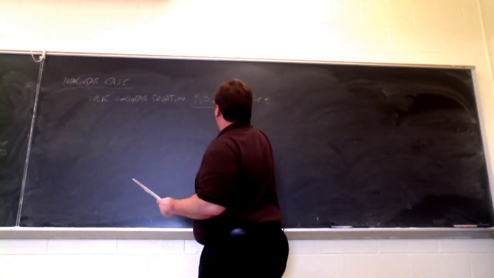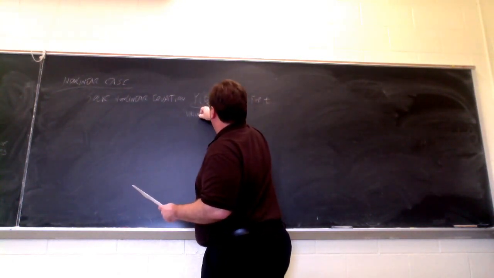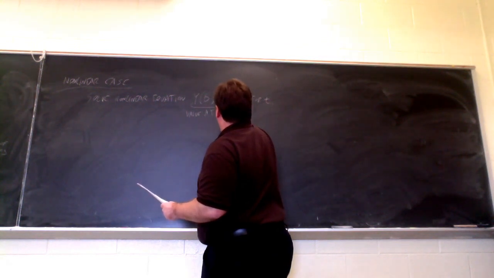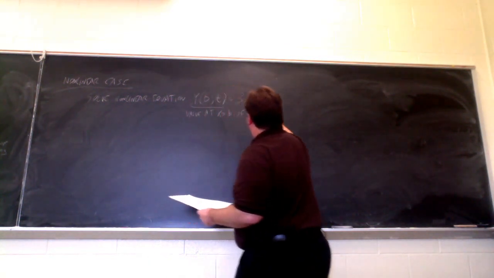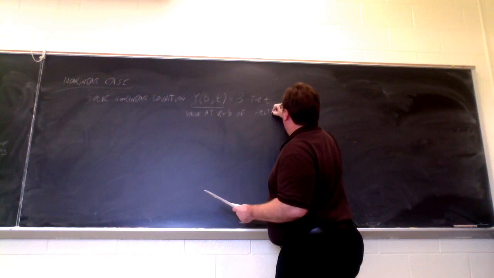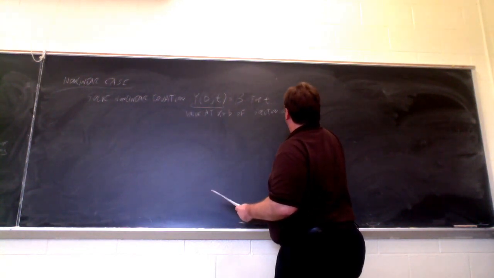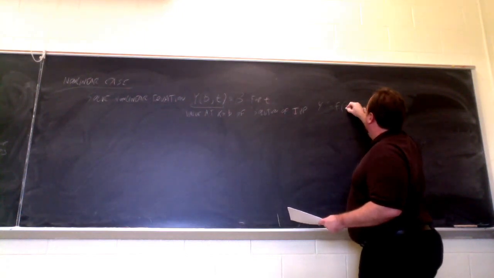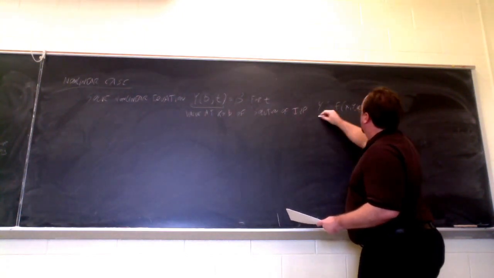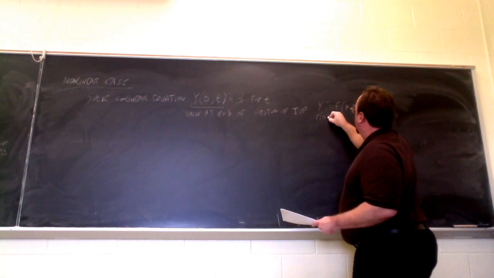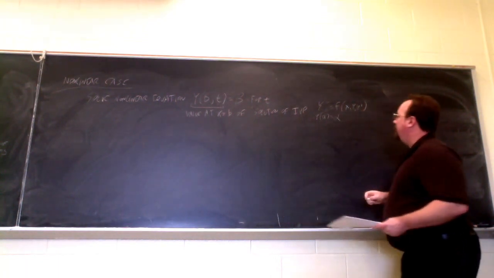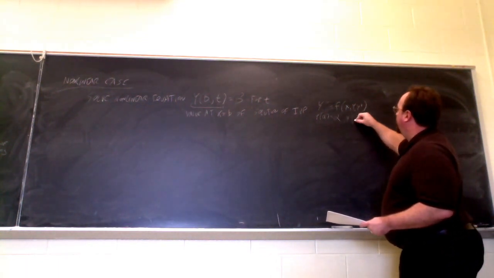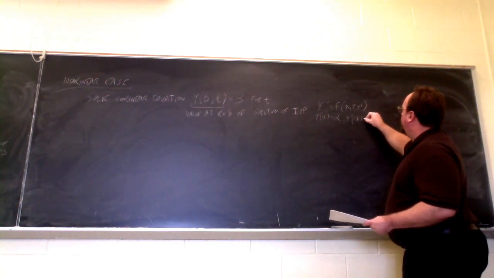So this is the value at x equals b of the solution of this IVP, same ODE, and then this initial condition, and then this slope.